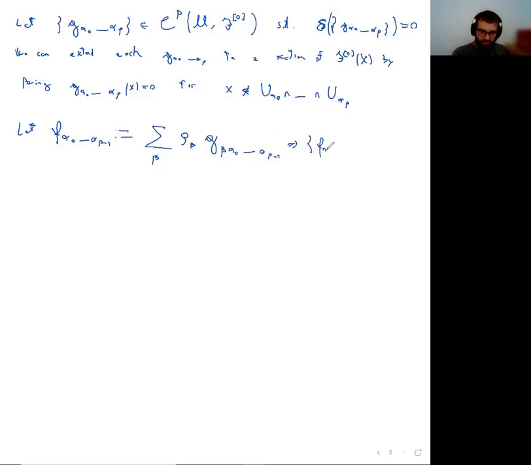So this does give us that this is well defined. It's a well-defined p minus 1 cochain. And to verify that this works is an exercise. But as a hint, we'll do the case p equal 1. So verify that delta of f alpha 0 ... alpha p minus 1 is precisely g alpha 0 ... alpha p.